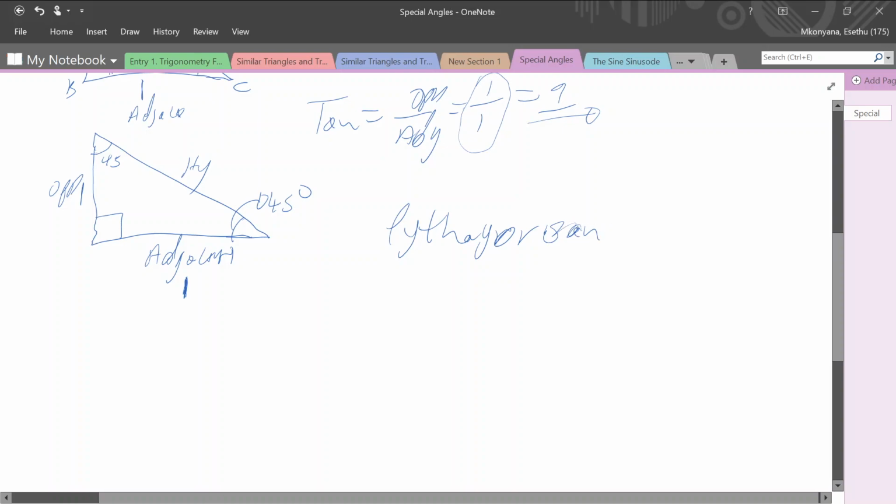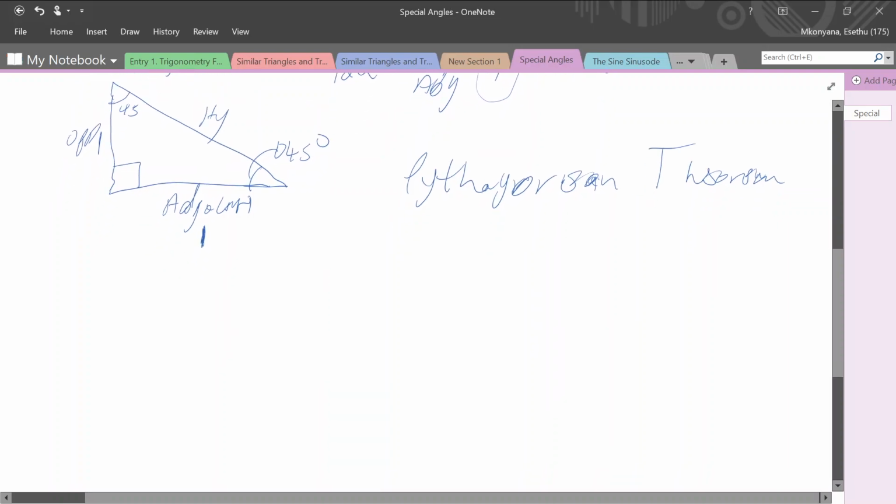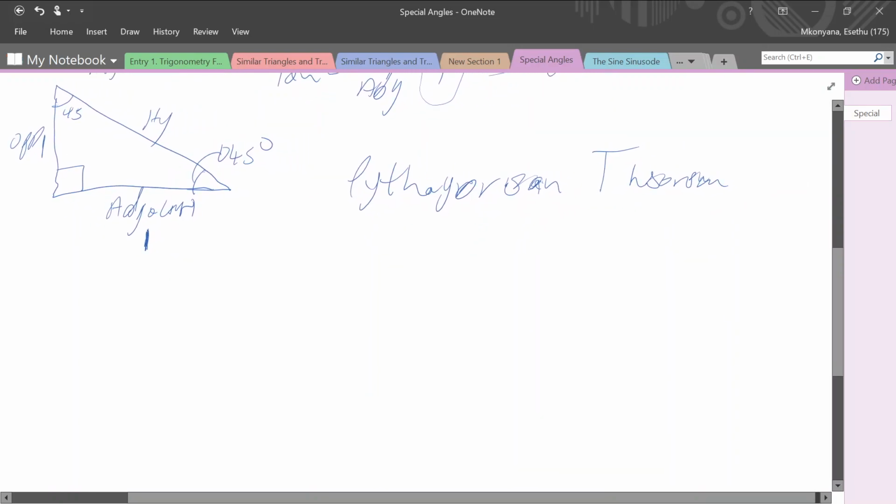For now, we'll just give it a special definition of what it is, Pythagorean theorem or Pythagoras theorem, however you want to call it. I think Pythagoras is much nicer. The guy who came up with it was Pythagoras. I'm not sure if he was a Greek mathematician or what, but he was a mathematician.